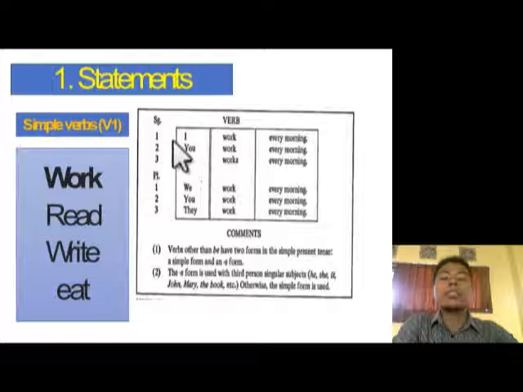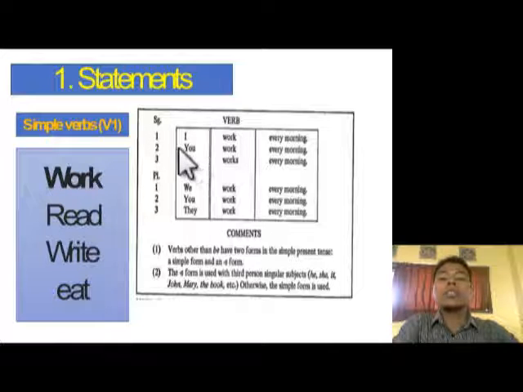I is the first singular subject, you is the second singular subject and the second plural subject, while she, he, it, or the name of a person like John, Mary, we call the third singular subject. So when the subject is the third singular subject, the verb should be put as works.